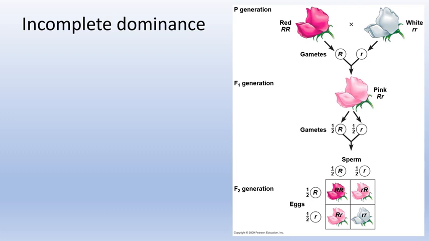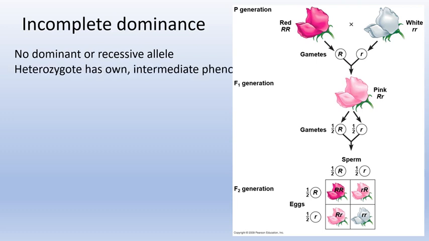This is because the heterozygote has its own phenotype in this system of inheritance, unlike Mendel's genetics, where one of the alleles masks the appearance of the other allele. The heterozygote has a phenotype that is intermediate to that of the other two phenotypes.